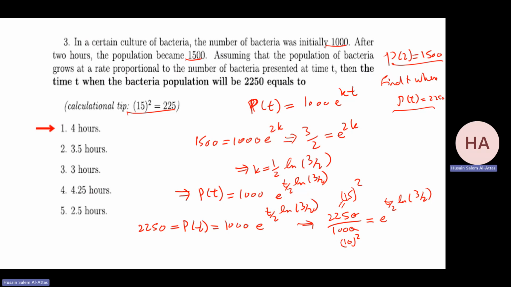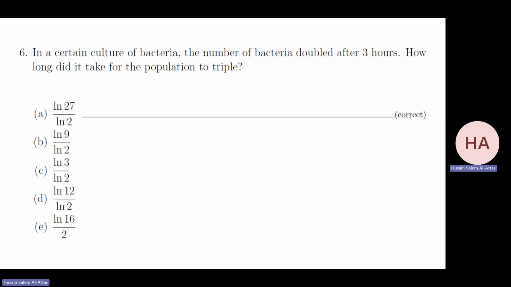This is 3 over 2. So I have 3 over 2 squared is equal e to the power t over 2 ln 3 over 2. Take ln of both sides. So I have 2 ln 3 over 2 equal t over 2 ln 3 over 2. This is cancelled. So t equal 2 times 2, which is 4.